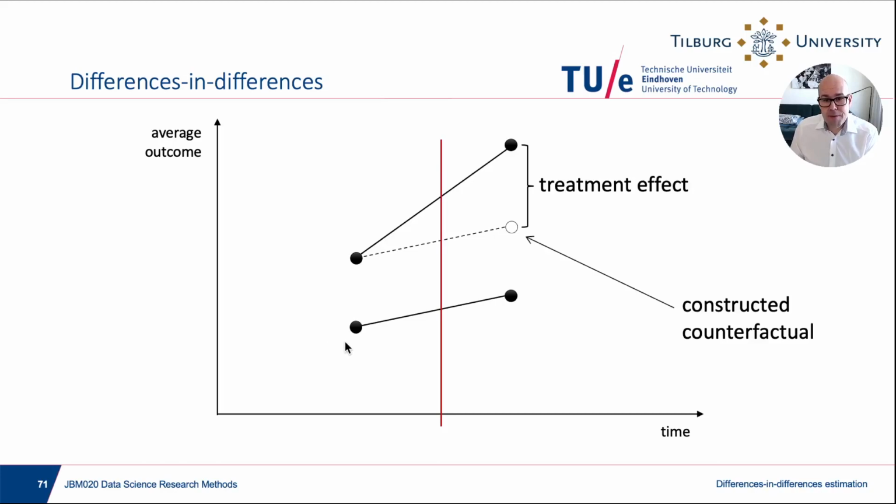We have the evolution of the outcome in the control group. There's this one here. So in the first period, this is the average outcome. In the second period, this is the average outcome. There was no treatment for the control group. So this is a time effect for the control group. Think of things like wages.